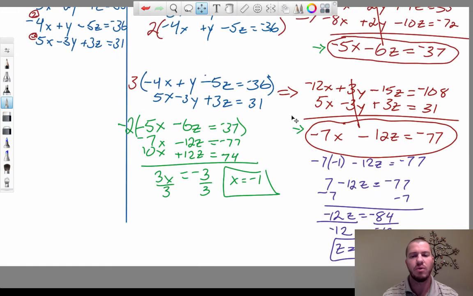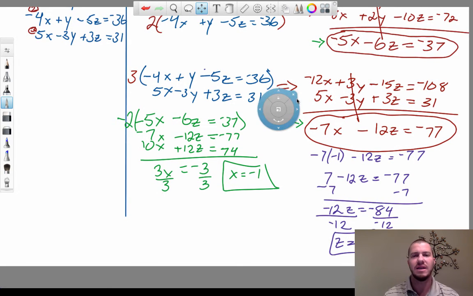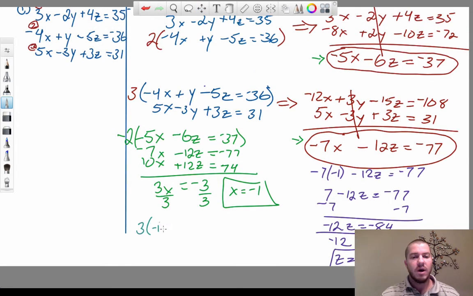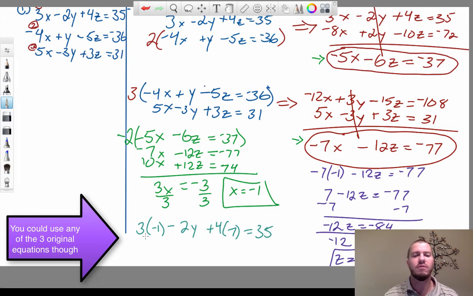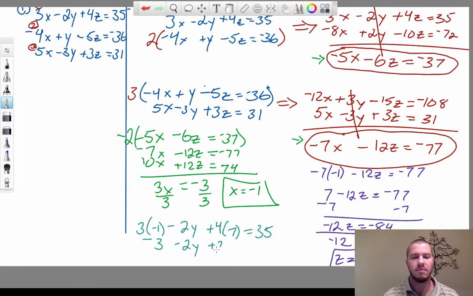I can plug both x and z in. I'll use the top equation, and I can plug in x, negative 1. I don't know the y. I can plug in 7 for z, and now I can solve for my only variable that's left: negative 3 minus 2y plus 28 is equal to 35.